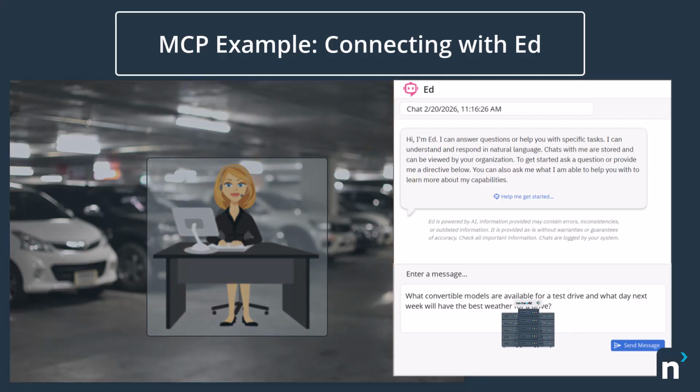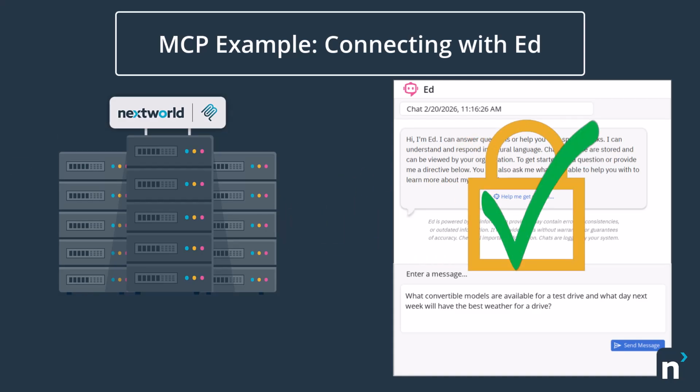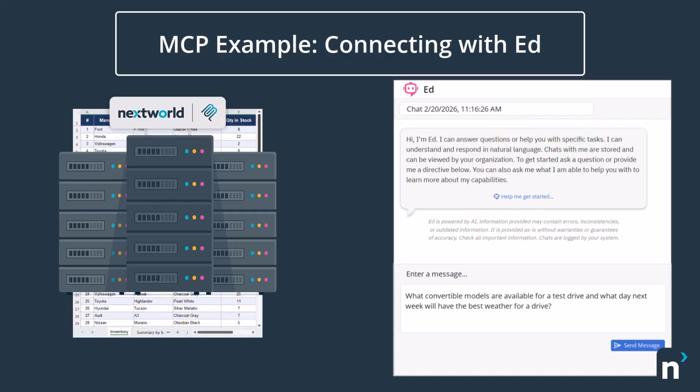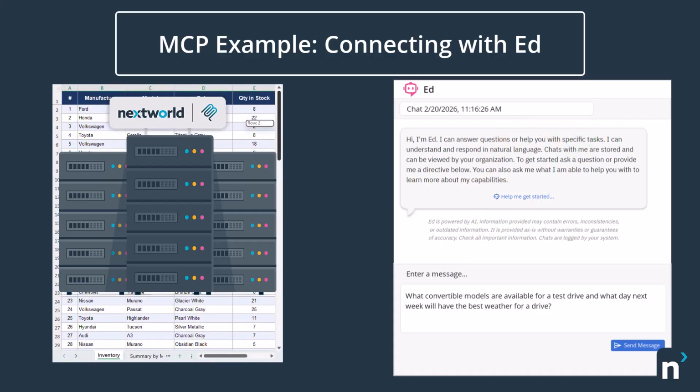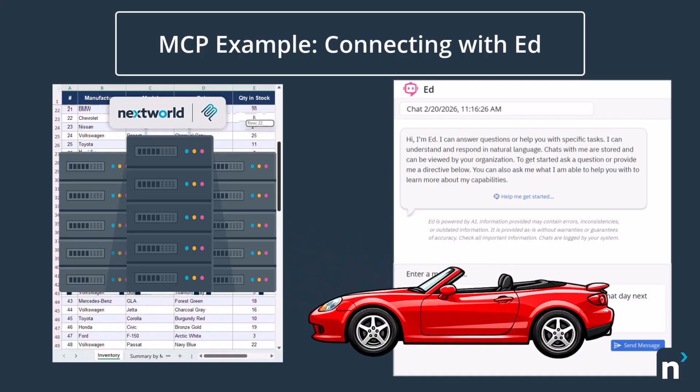Behind the scenes, Ed connects to NextWorld's MCP server. The MCP server verifies Sally's security permissions, connects to the sports car dealership's inventory application, retrieves current inventory, and filters for available convertibles.